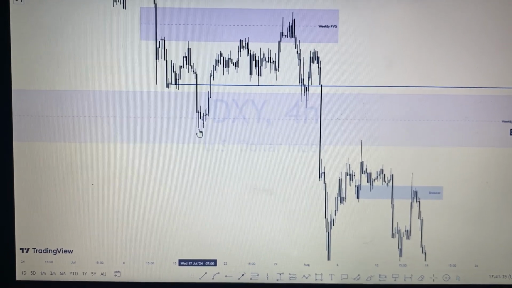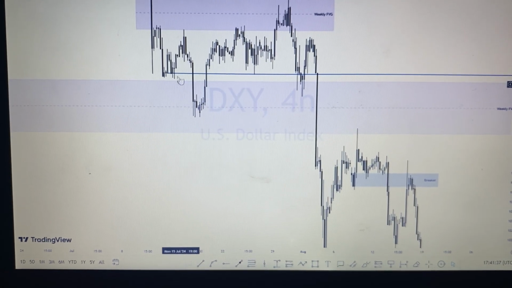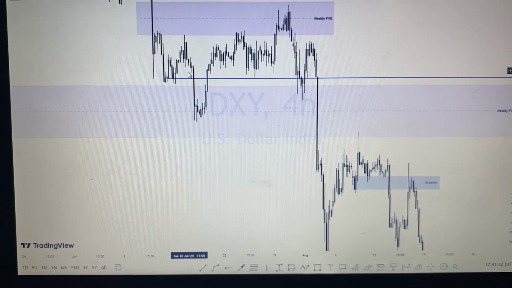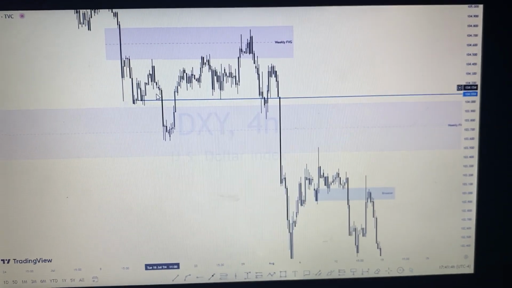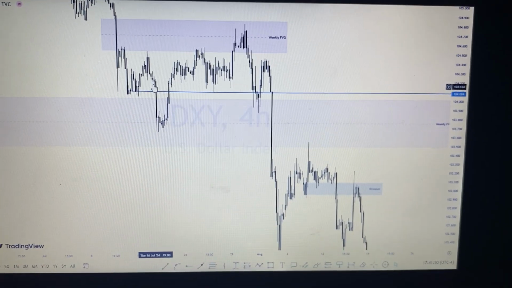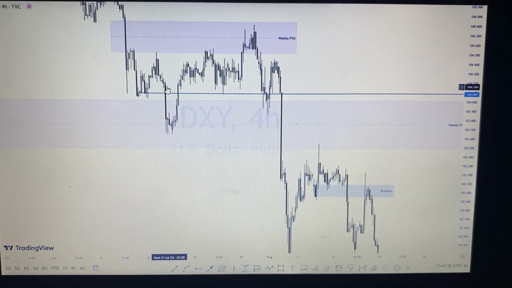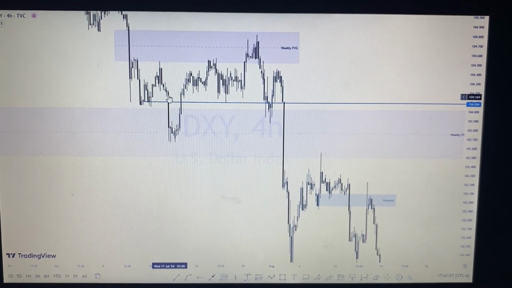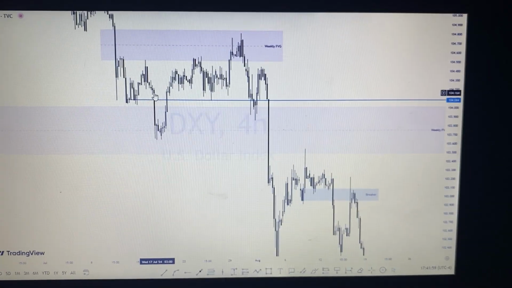When price taps in there, let's say it's Monday. You're waiting right now. You don't have anything. You are actually waiting for price to tap the weekly fair value gap. So it's Tuesday, Wednesday midnight, price taps into that.